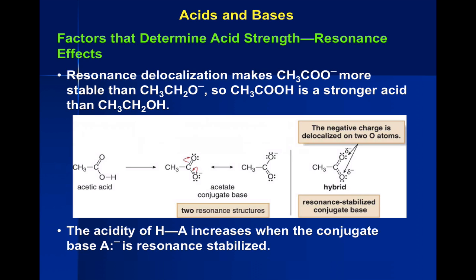So if we look at acetic acid and we draw the conjugate base, we know that we can push these electrons to draw this other equivalent resonance structure. And simply being able to draw that one additional resonance structure stabilizes that anion so much that we get 11 orders of magnitude stronger acidity. That's pretty cool. Just one resonance structure. Okay?